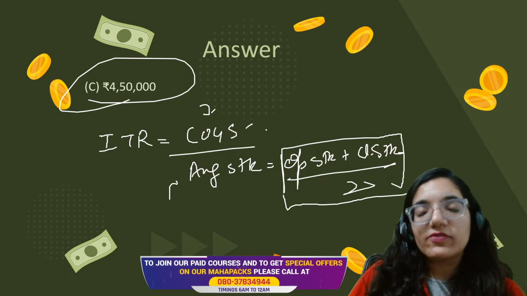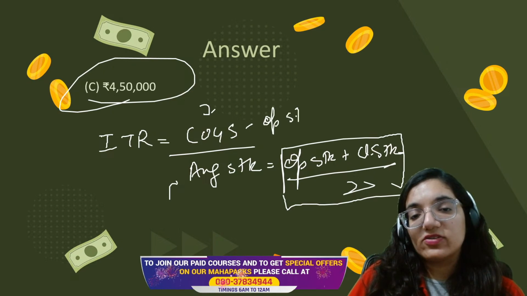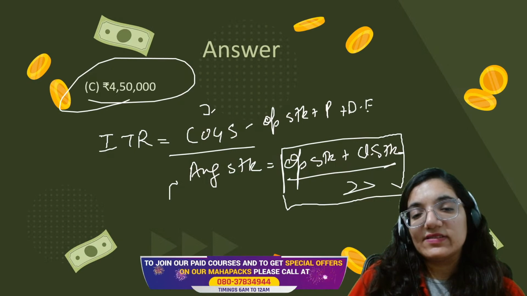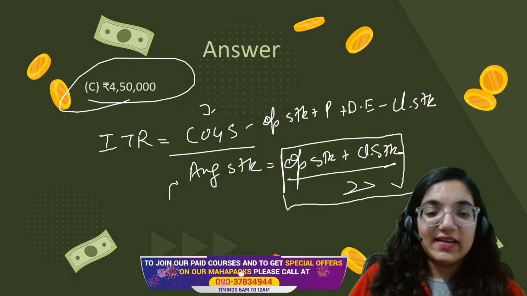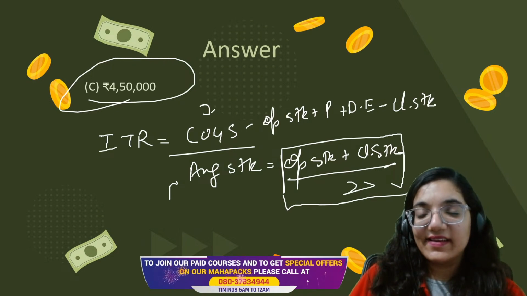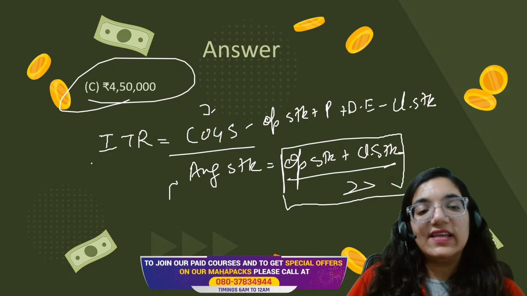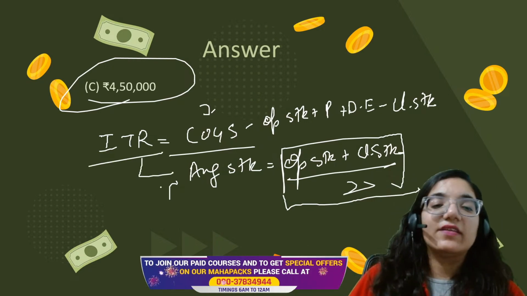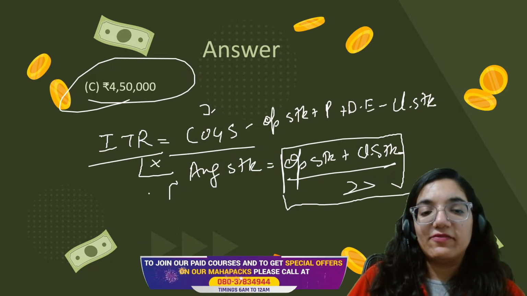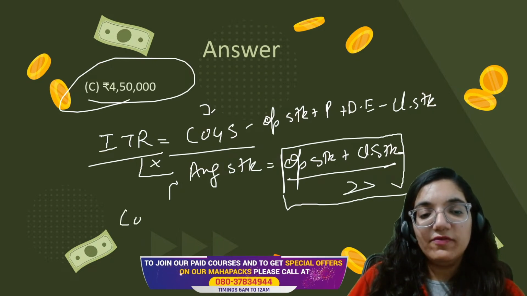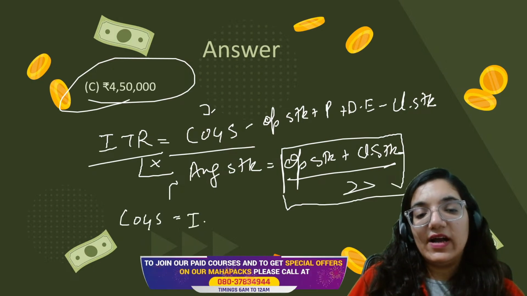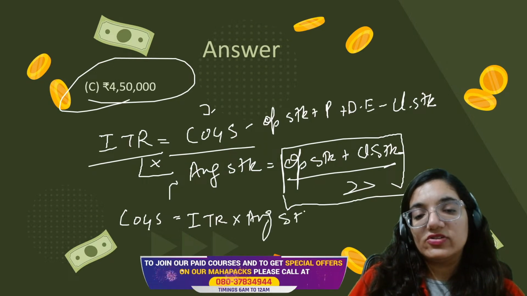This is the cost of the goods that are sold in the market. Opening stock plus purchase plus direct expenses minus closing stock. Done? Okay. These are the formulas that I've used. In this case, they had given the ITR and they had given the average stock. So we could multiply and find the value of COGS is equal to ITR multiplied by average stock.